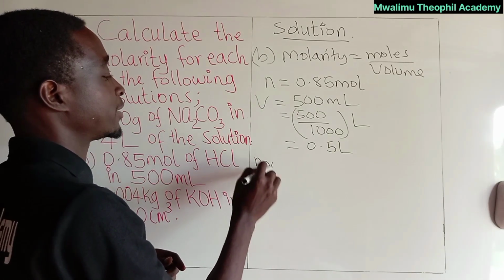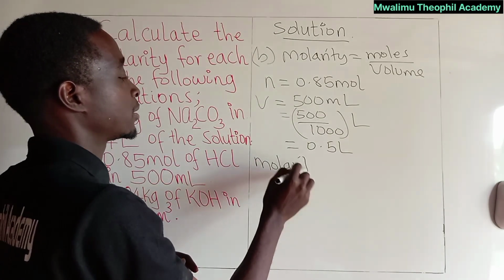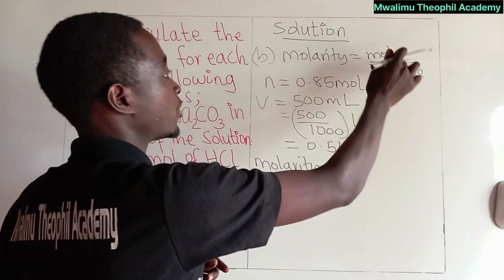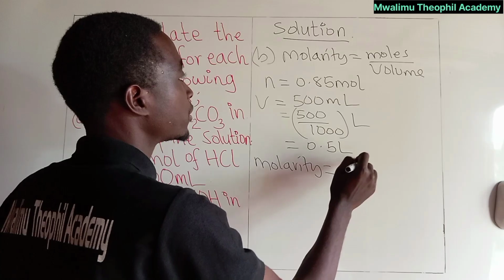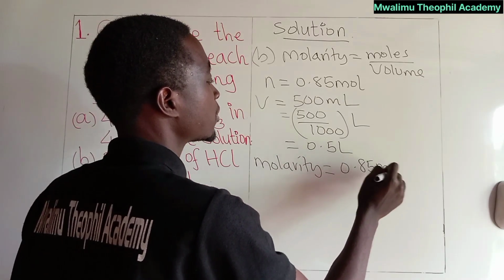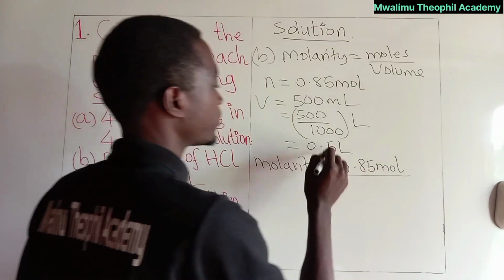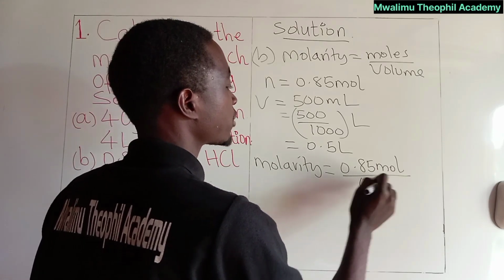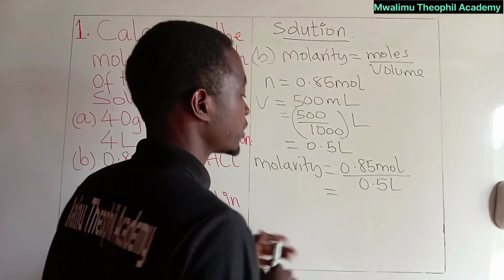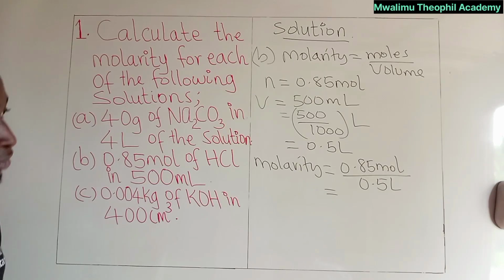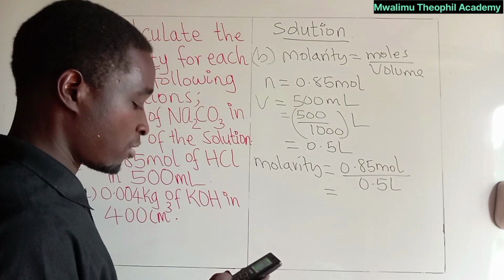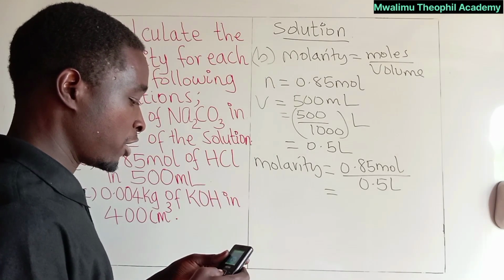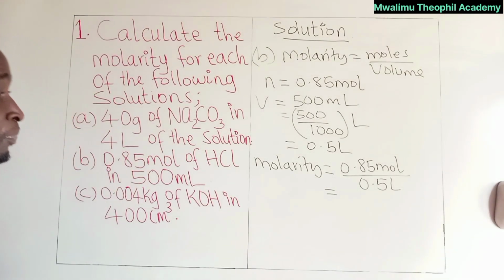Now, molarity, as we've said, is number of moles over volume. So we have number of moles, 0.85 mole, over volume, 0.5 liters. Here, let's compute this. We take 0.85 over 0.5. You get 1.7.